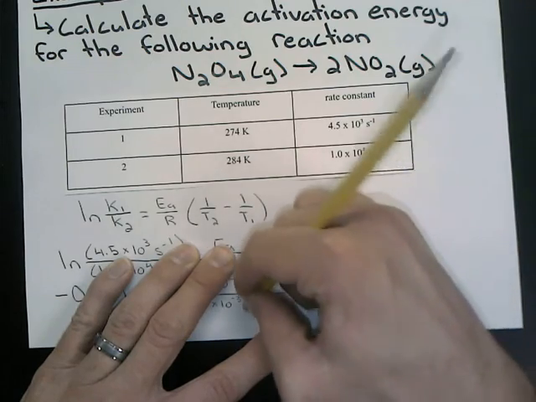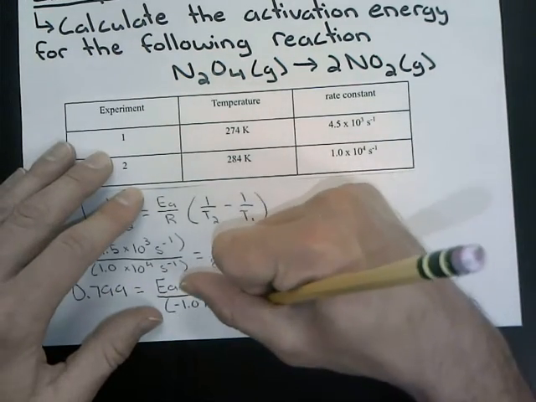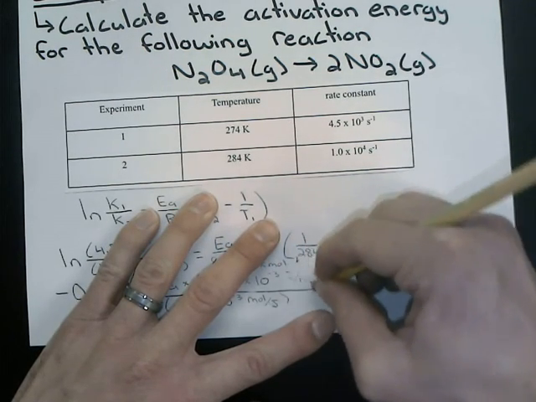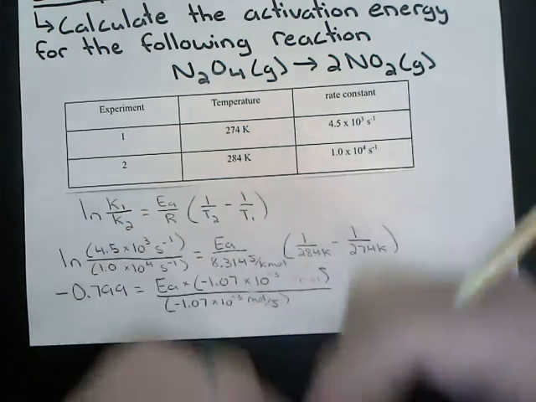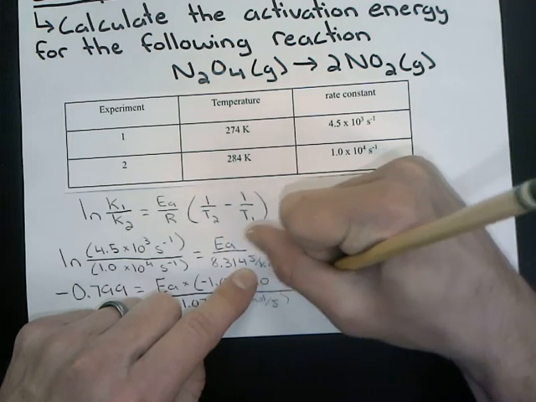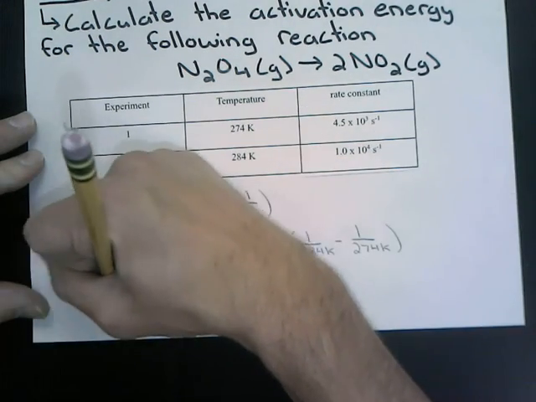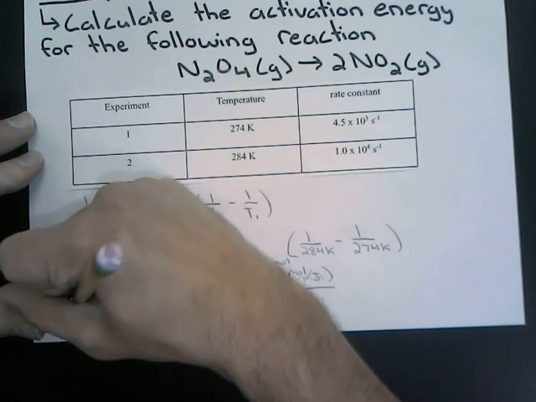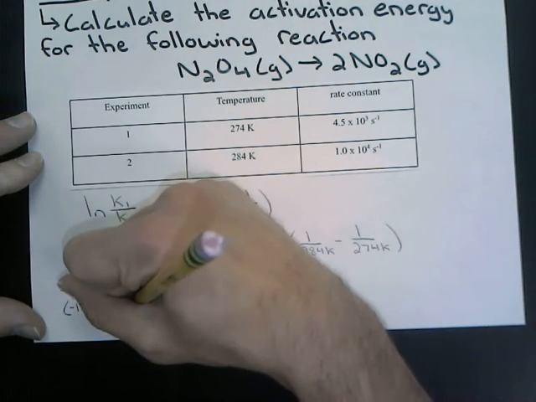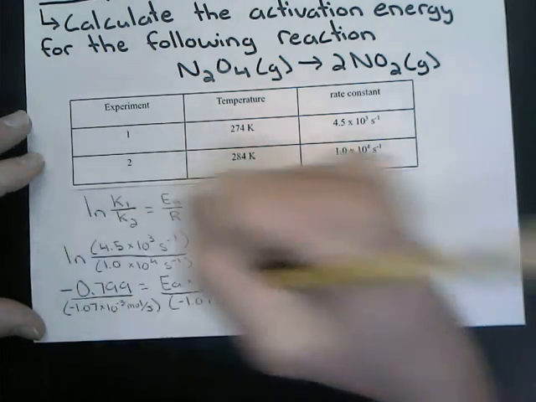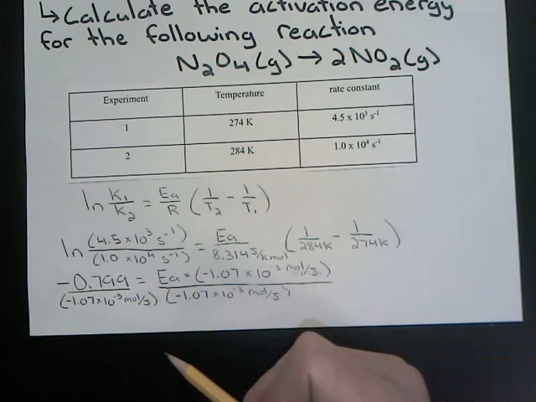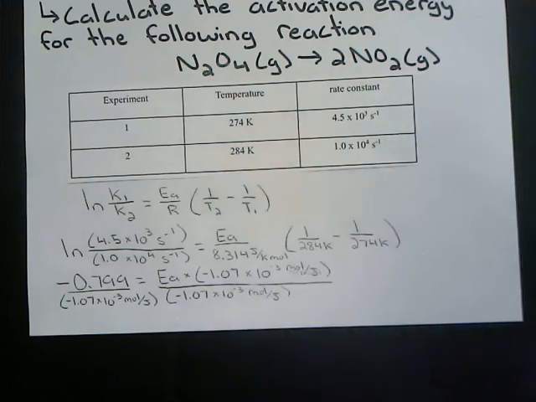This would be moles per J. I'll show you why here in just a second. That should be moles per J, because if you look here, this is on bottom. So when we flip this all around, this is why this is going to happen. So again, negative 1.07 times 10 to the negative third moles per J. Very important that we have that there, because when we divide moles divided by J, we're actually going to flip the unit and it's going to become joules per mole.